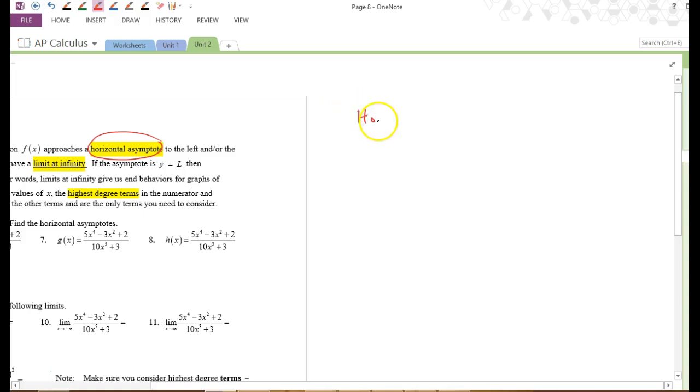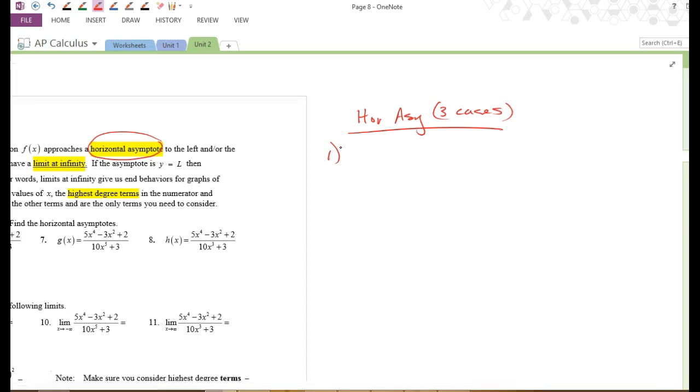Horizontal asymptotes have 3 different cases. First scenario, you're basically looking at the biggest exponent on the top of your fraction versus the bottom. So for example, if I have x to the 4th plus 5x over x to the 4th minus 8x plus 1, whatever, all I'm looking at is the biggest exponent.